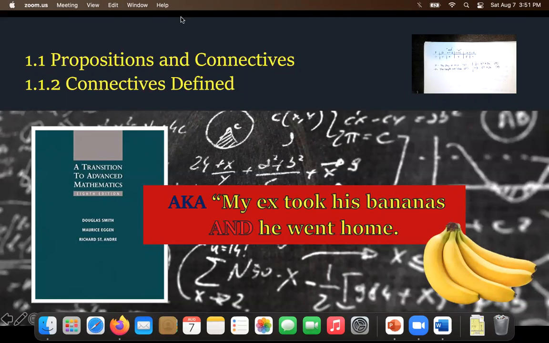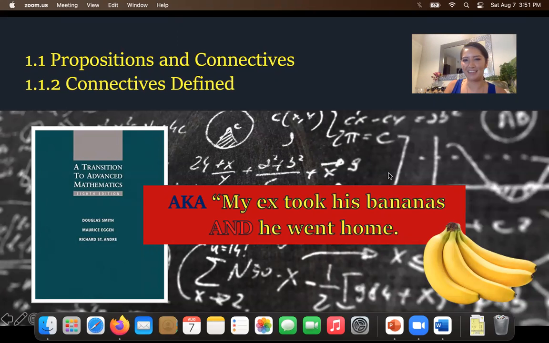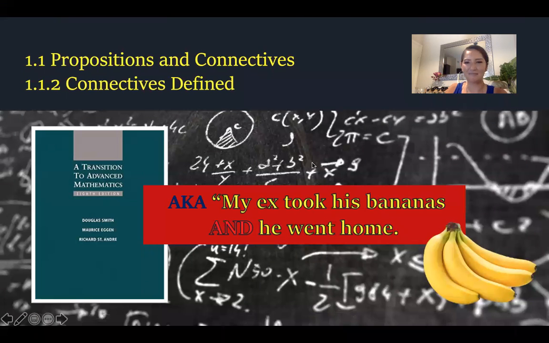All right, guys. So now we want to go back to that example. My ex took his bananas and he went home. Well, my ex didn't have any bananas here, so he did not take his bananas. So the first part of this compound proposition is that my ex took his bananas. I'm writing this on a piece of paper and we'll look at it in a second.